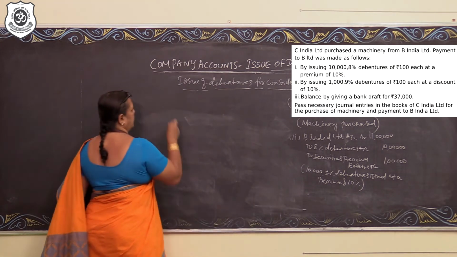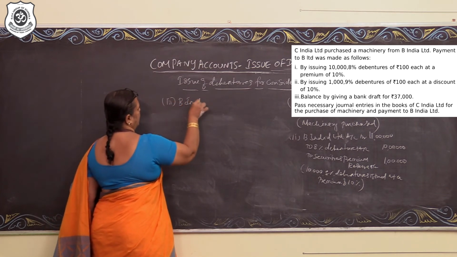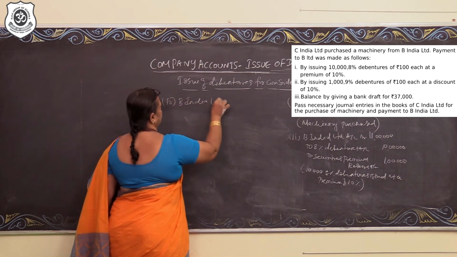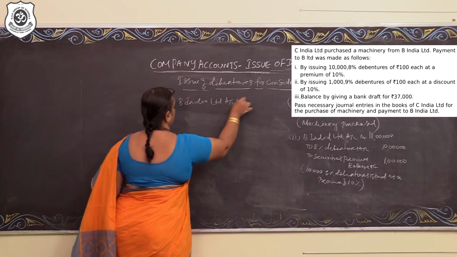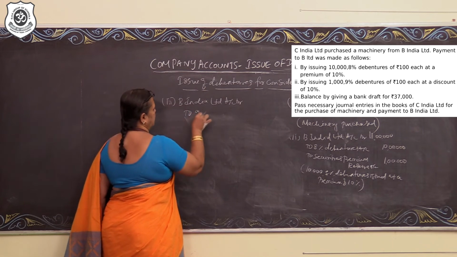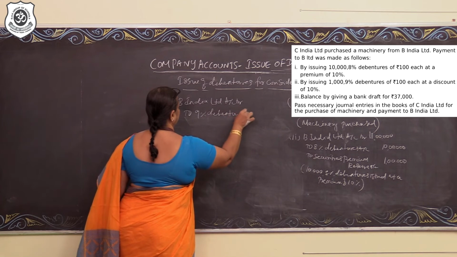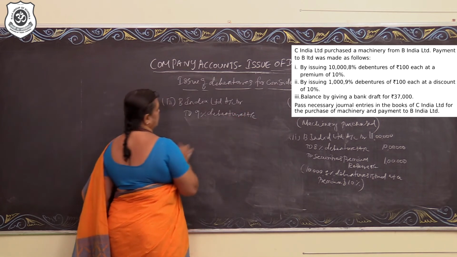Now, the third entry will be for issue of 1,000 debentures at a discount of 10%. So, third entry, B India Limited account debit, discount on issue of 9% debentures account debit to 9% debentures account. They are issued at a discount.